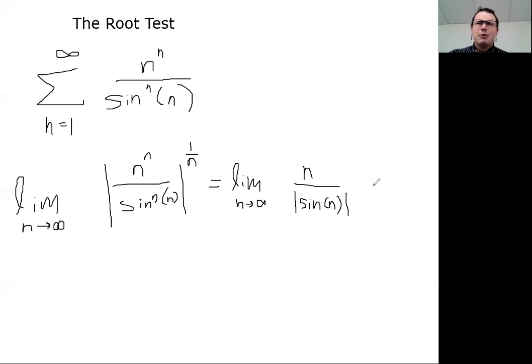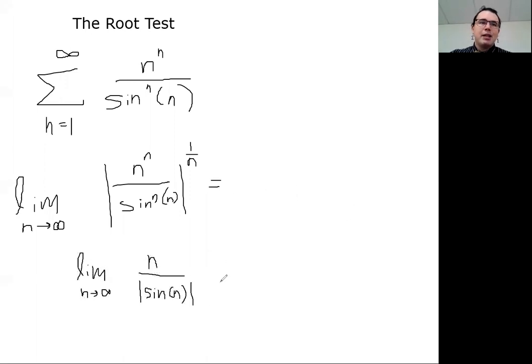Okay, so how do I compute this limit? The numerator n is going to positive infinity. The denominator is always positive, the absolute value of the sine of n. So what I'm going to do is I'll say that whatever this limit is, it's going to be greater than or equal to a different limit where my numerator is still n and my denominator is 1.